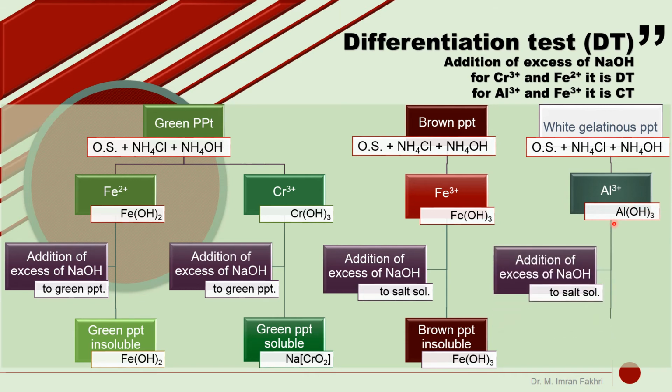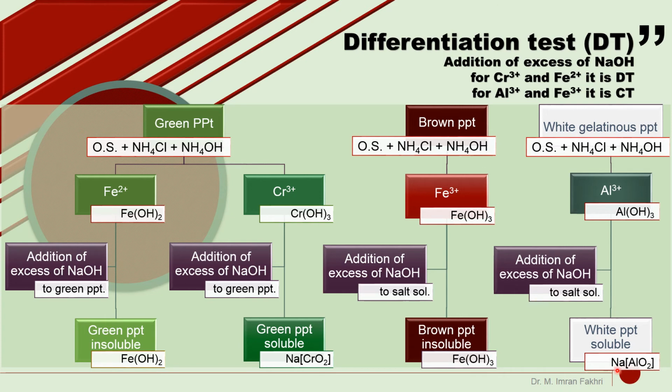How are we going to distinguish, or what is the confirmatory test for the aluminum 3 positive ion? We have to add excess of sodium hydroxide to the salt solution. When we add excess of sodium hydroxide, first the white precipitates appear, and with the addition of excess of sodium hydroxide, the white precipitates are redissolved or solubilized again.